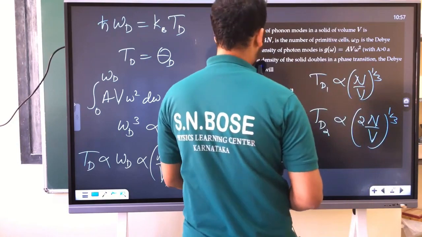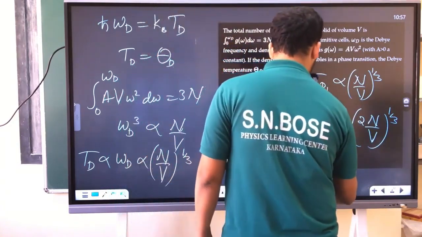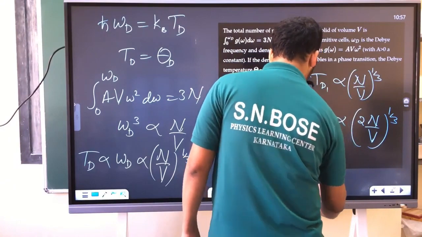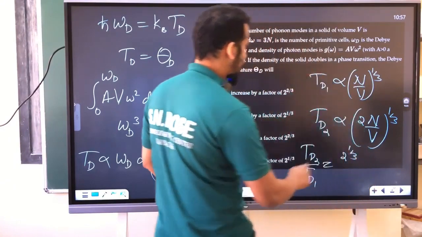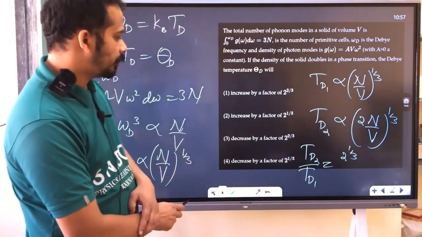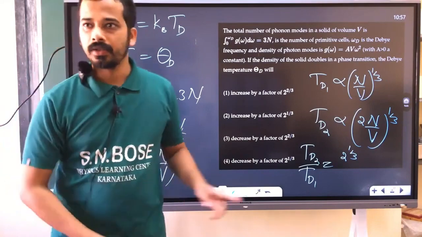The proportionality constant is same. Then what is asked? Debye temperature Td2 divided by Td1 equals 2 power 1 by 3. That will be increased by a factor of 2 power 1 by 3. Cross check this answer.